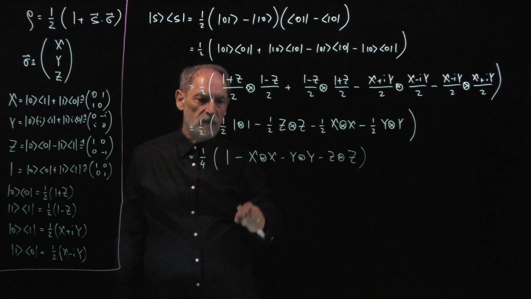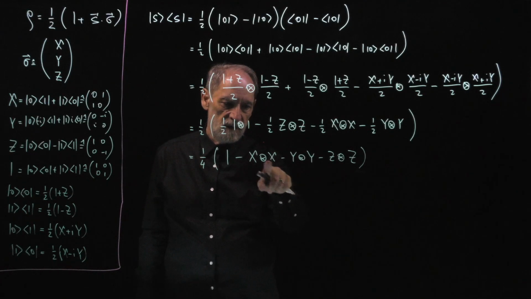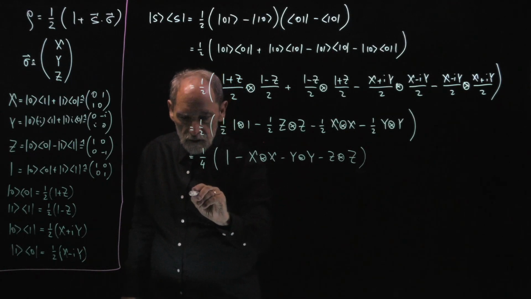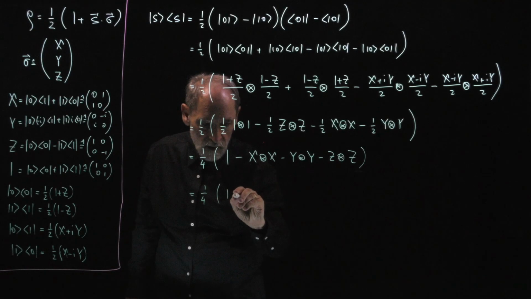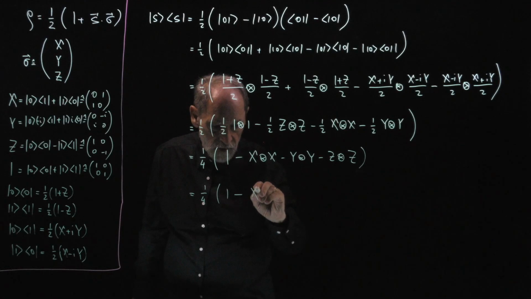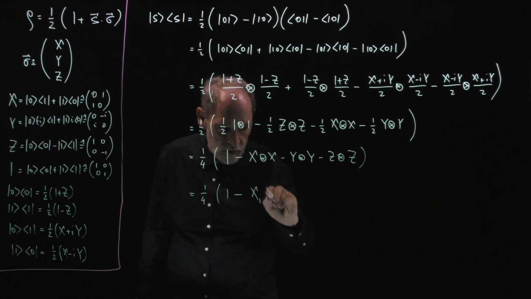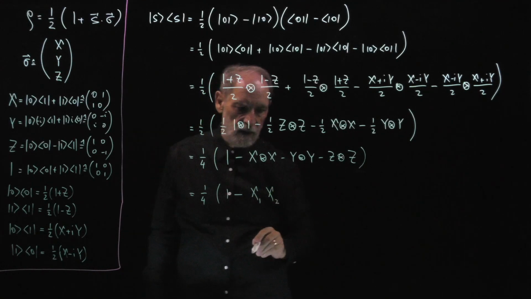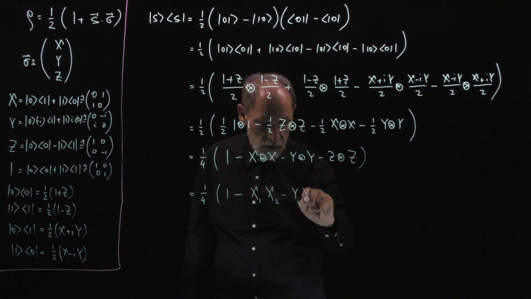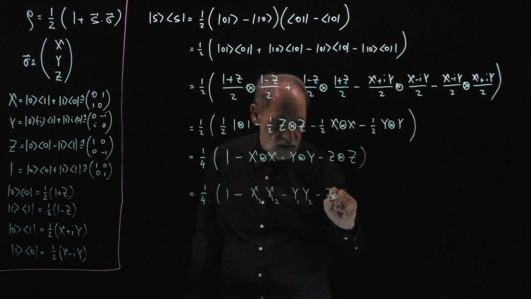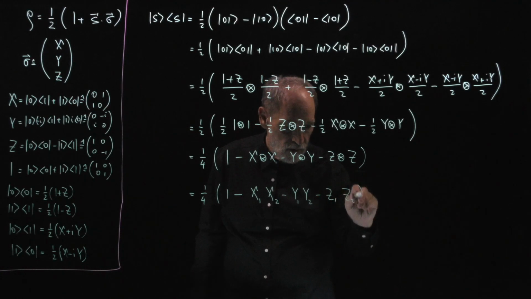But now let's remember that this x is for the first qubit, this x is for the second qubit. So an alternative notation that is a little bit more helpful is to call this the product of x for the first qubit, x1, and this x for the second qubit, x2. And here we have y1 and y2. And here we have z1 and z2.